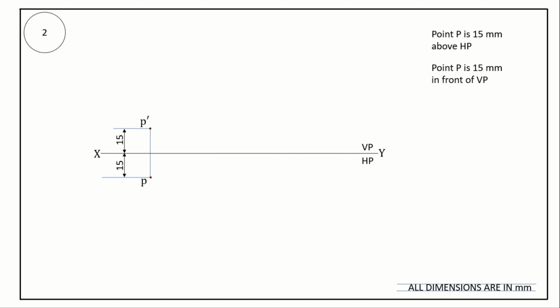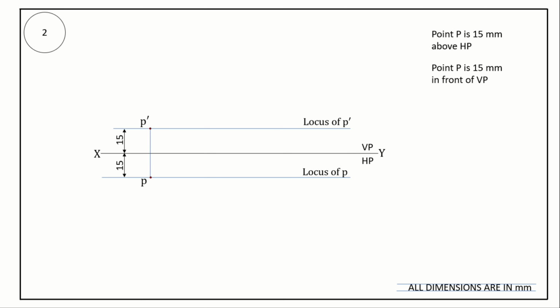Now, after marking the projection of point P, our aim is to locate the point F. That is, we must find F dash and F, the front view and top view of the point F. The procedure is, from the point P dash, draw a parallel line to XY. This line is the locus of P dash. Again, from the point P, draw a parallel line to XY.